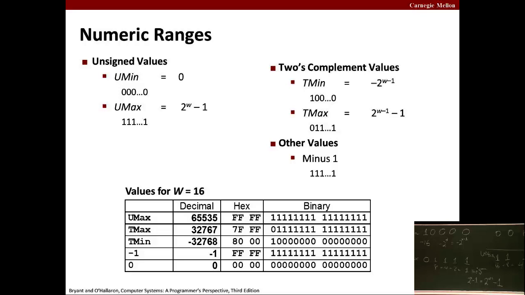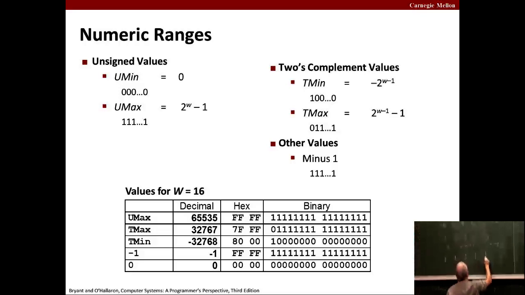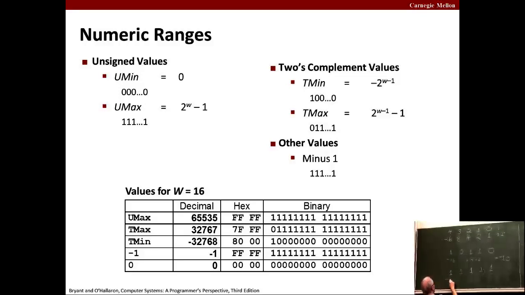Another interesting number in the world of 2's complement is what happens when you have all ones in your bit pattern. And that will have minus 16 plus 8 plus 4 plus 2 plus 1. And that will equal minus 1.